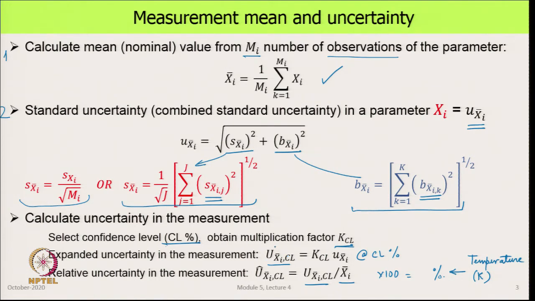Now, here u x_i bar, u x is smaller one, and all the standard uncertainties have the same units as the measurand, which also have the same units as x_i bar. So, at every step, we should keep track of units and keep them consistent.